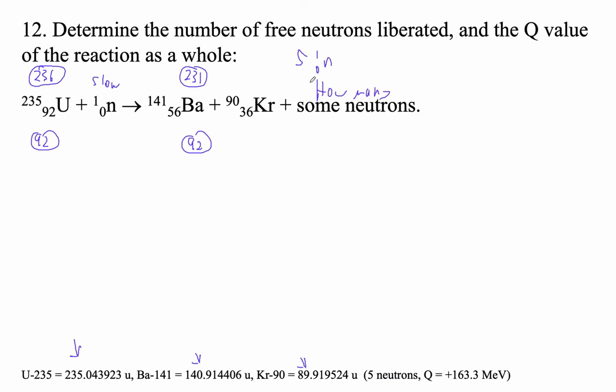Okay, so let's look at the left side mass of this. We've got this guy, 235.043932 plus a neutron, and you'll be able to look this up in your data packet, 1.008665, and then that turns into barium 141, and I'll give that mass to you.